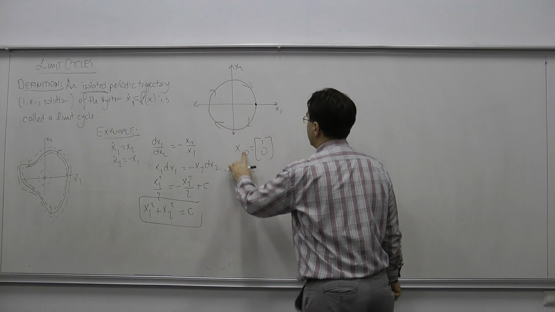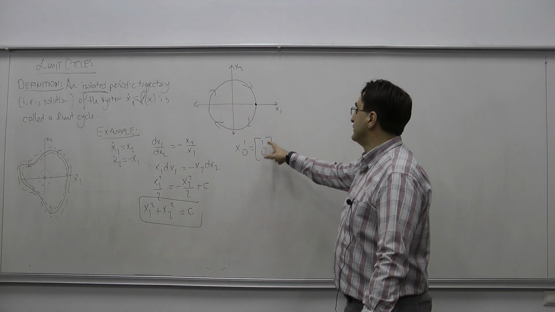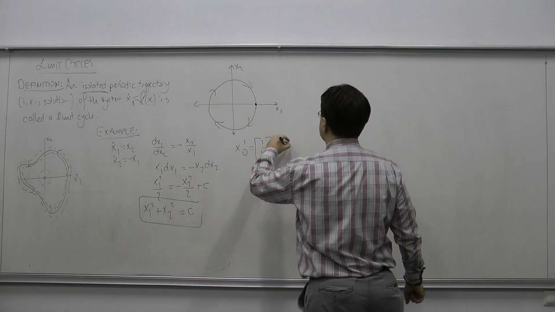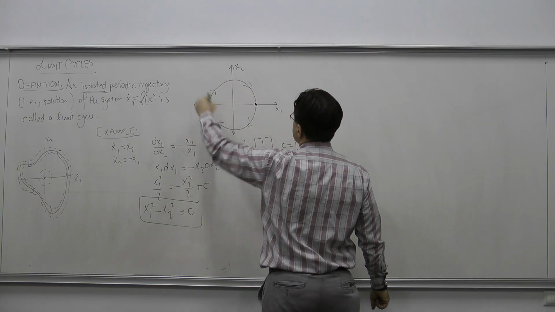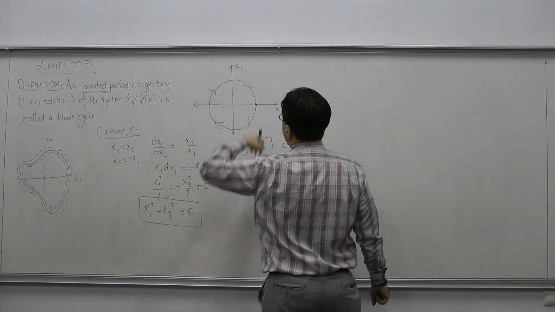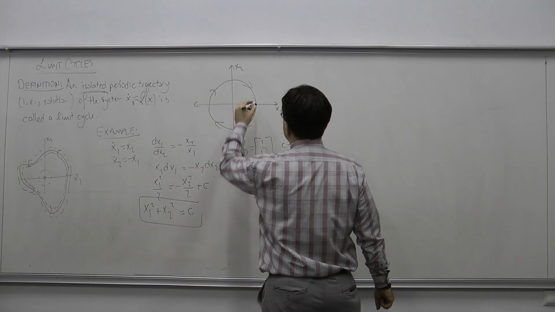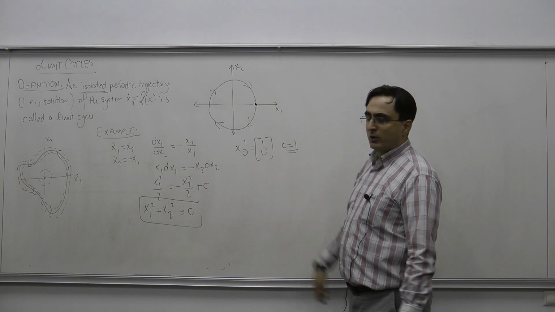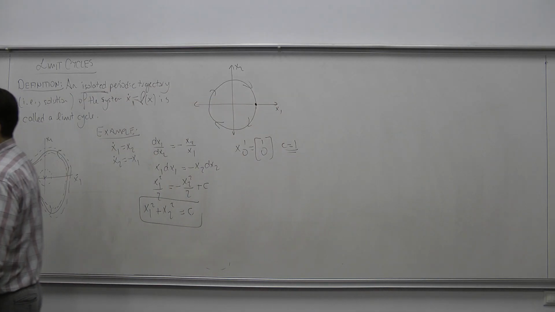The first initial condition that I consider is (1, 0). That would make c equal to 1 here, and the trajectory would be looking like this. A circle, clockwise rotation, and my initial condition would be here. Now, this is a periodic trajectory. Clearly, this is periodic, okay?